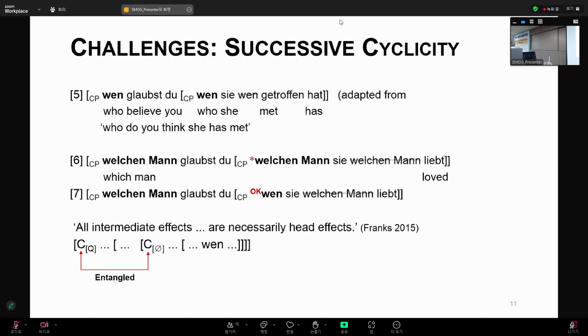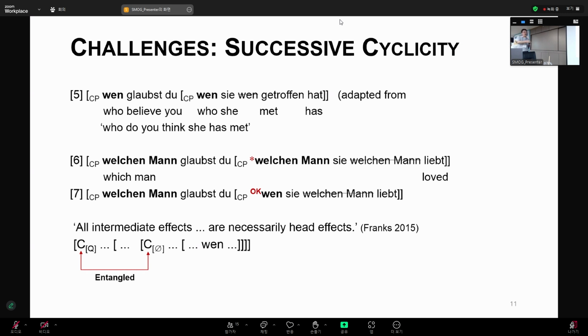So Frank's idea is basically that when C searches for a double-edged phrase and it encounters a category of the same type, then the two are somehow entangled. I think he borrowed this terminology from physics, obviously, but he doesn't go into detail to explain what exactly entanglement is.